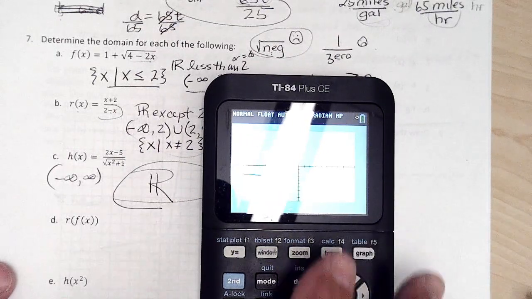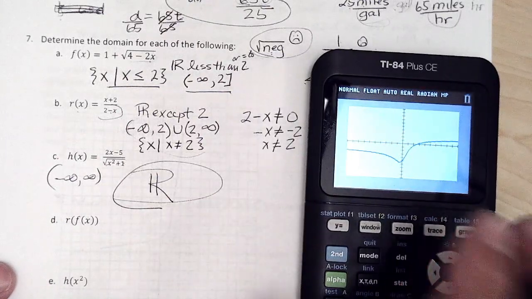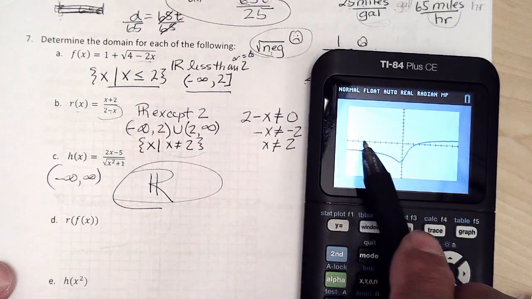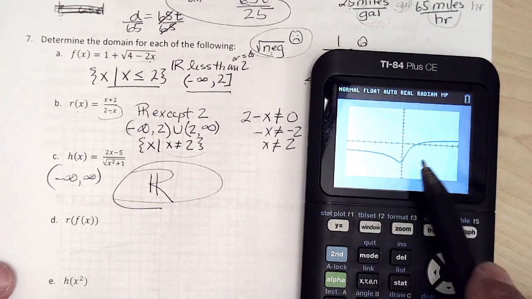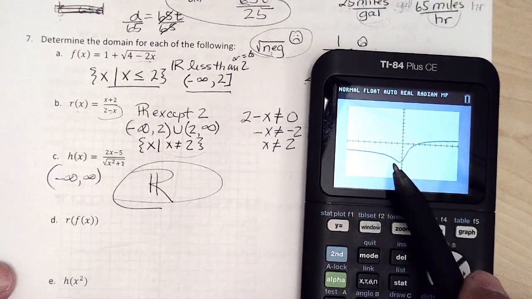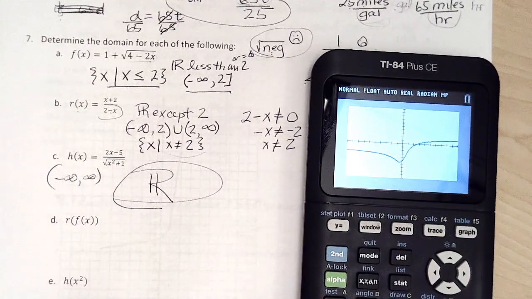Let's graph the whole thing. Notice that for every x, there is a y value. It can calculate that one. Now there could be a hole that we have a hard time seeing, but we've already kind of checked that and saw that there are no holes.